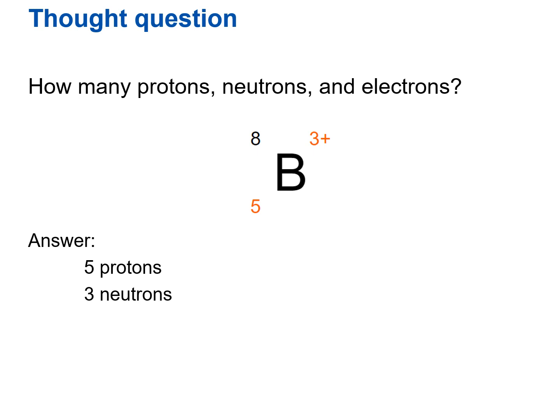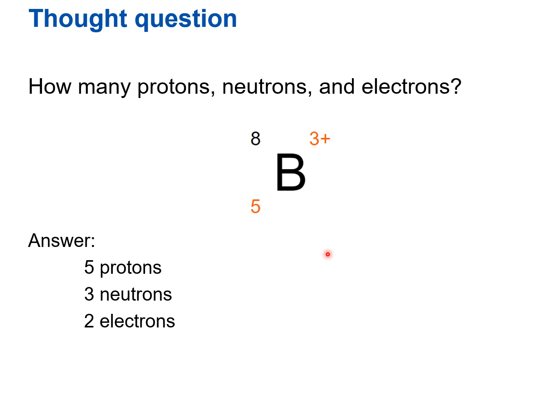And finally, how many electrons? You see that charge of +3, and you can think that means that 3 electrons have been stripped away from its neutral state. But what was its neutral state? If it's neutral, it has 5 protons, but 3 have been taken away.